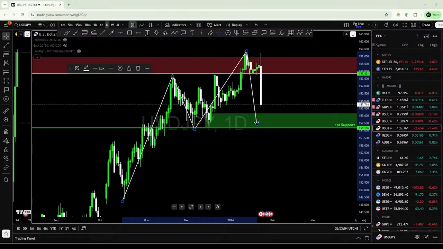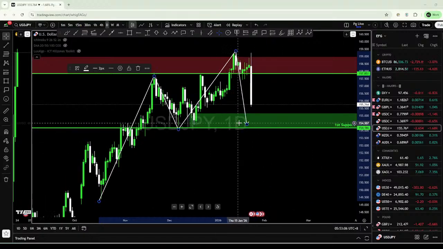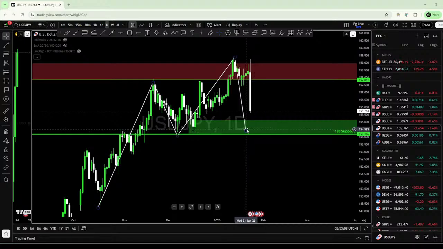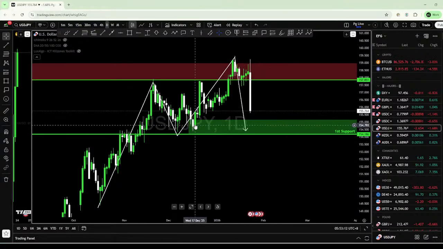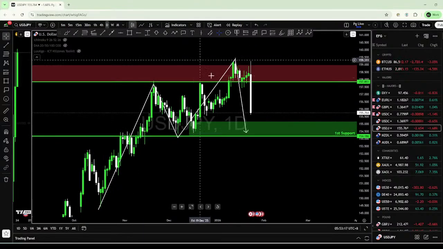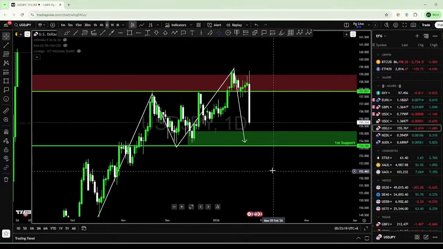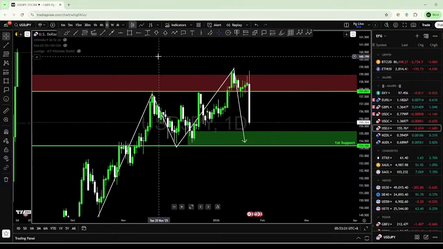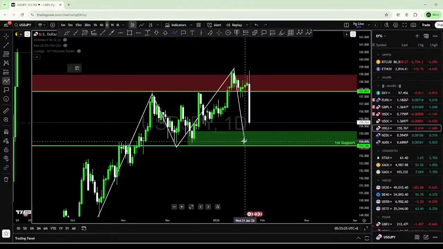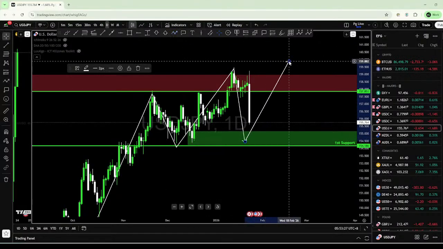Okay guys, so we need to see this zone. If you see the rejection, you can buy. Okay, so if you buy here, your stop loss is gonna go slightly below this support level, because this is gonna be the important level that if the USDJPY is gonna rise, you need to see the rejection and continue to go higher.